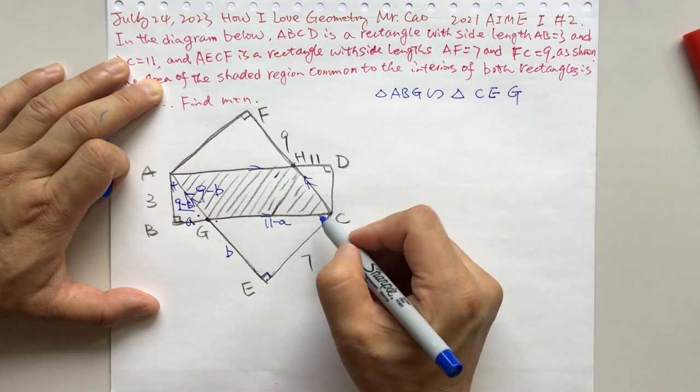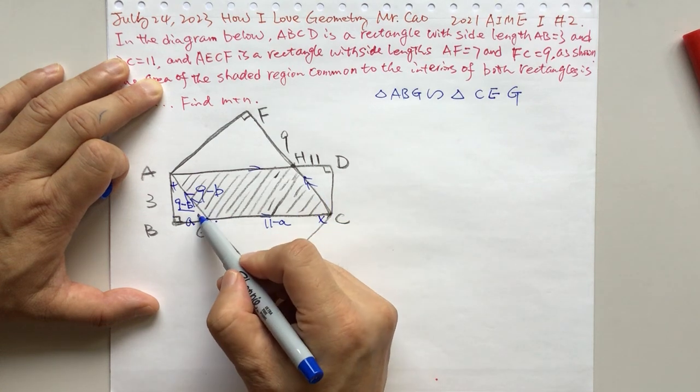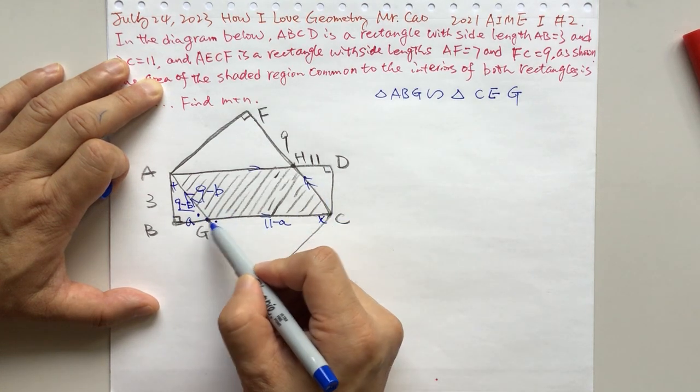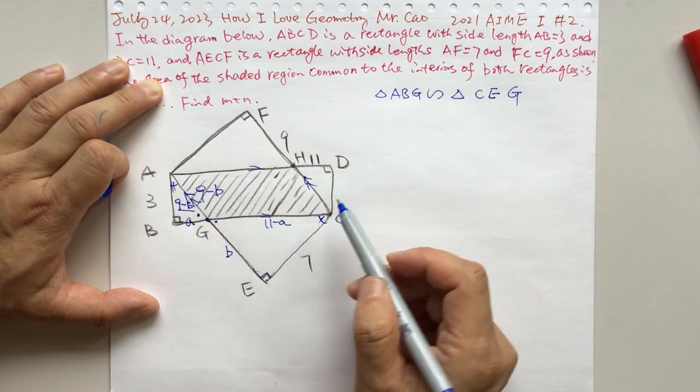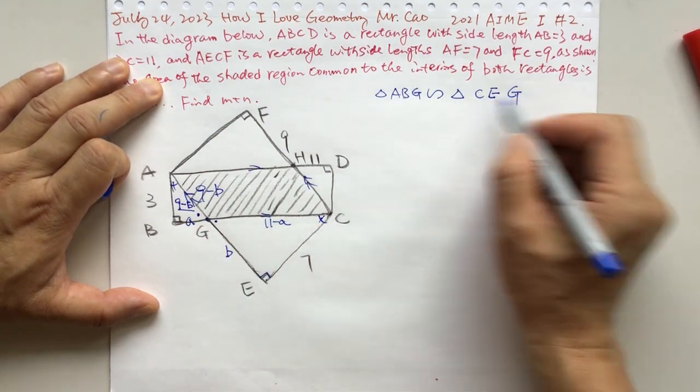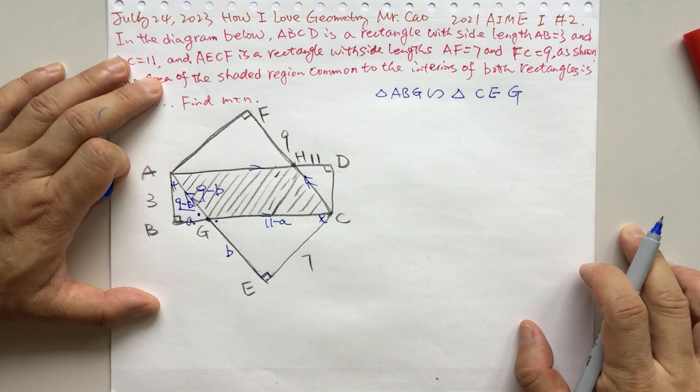The complement of this angle and the complement of this angle are the same. So yes, we got similar triangles.